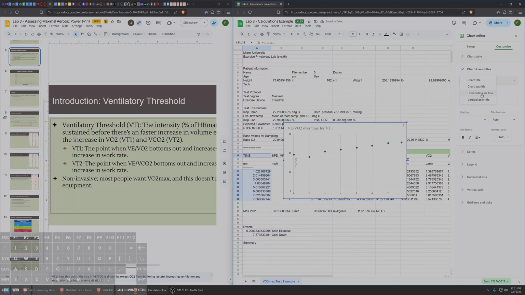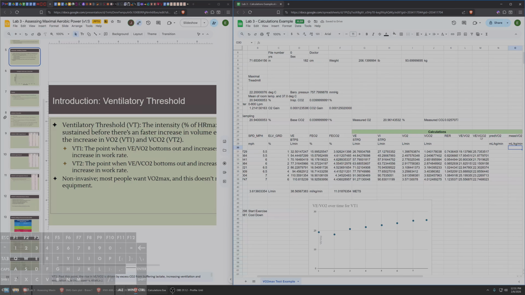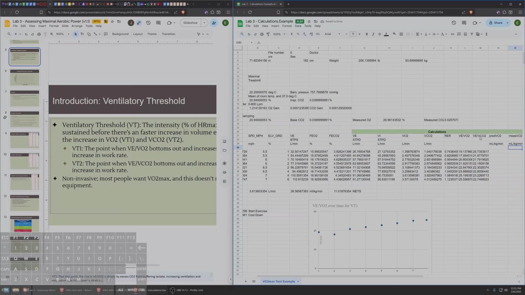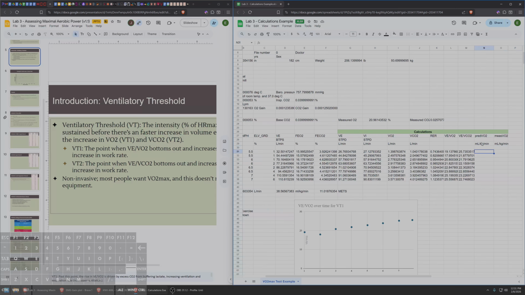You can change and add a horizontal axis title and vertical axis title and whatnot, so make sure you add that stuff in. You also need to do that for VE over VCO2, so make sure you do that.